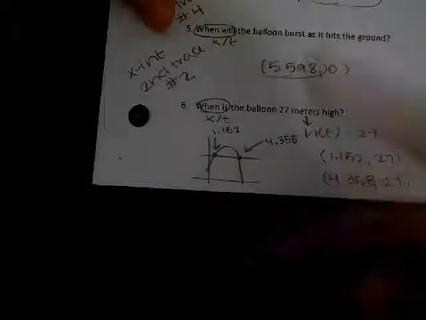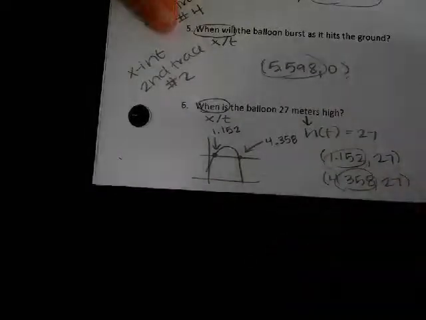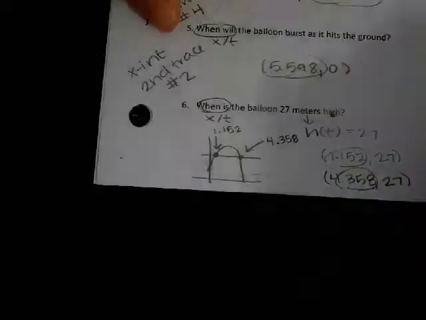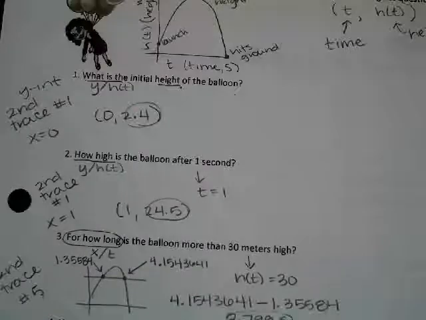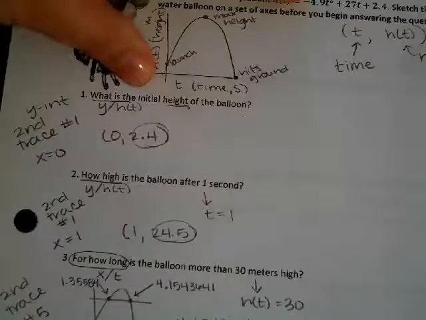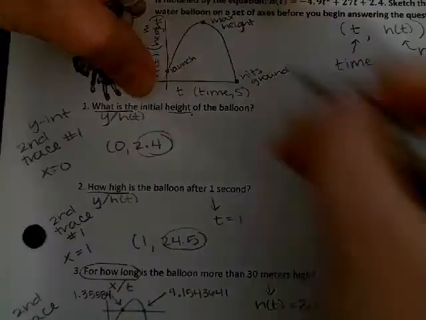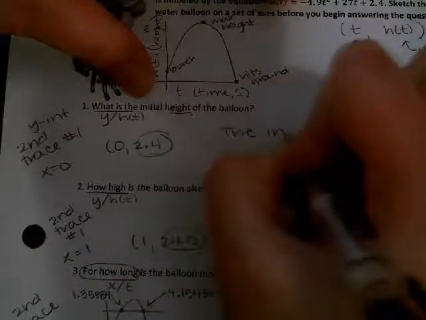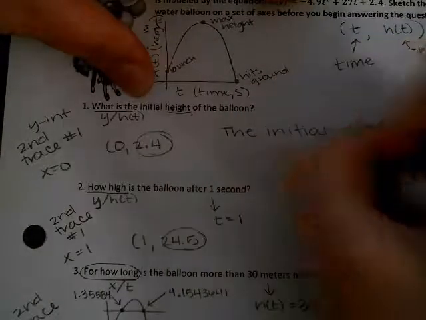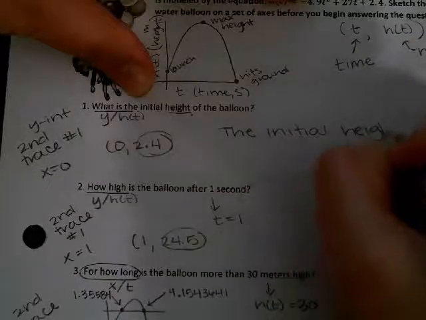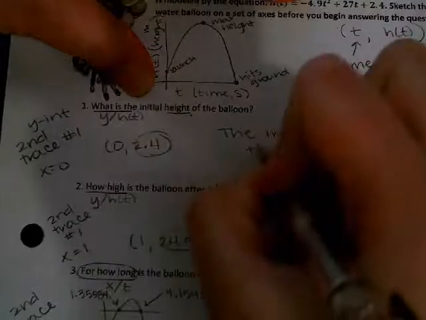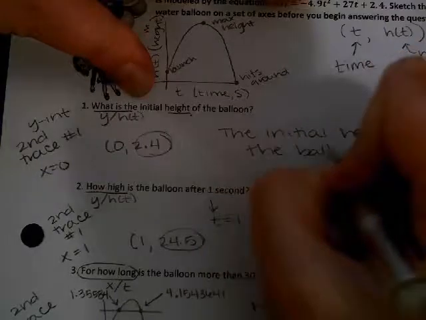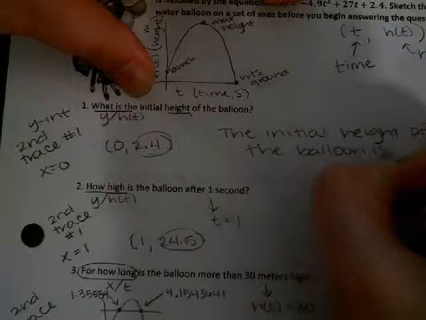Okay. So what we're going to do now is, because these are story problems, they deserve story answers. So when it says, what is the initial height of the balloon? I would say the initial height of the balloon is 2.4 meters.